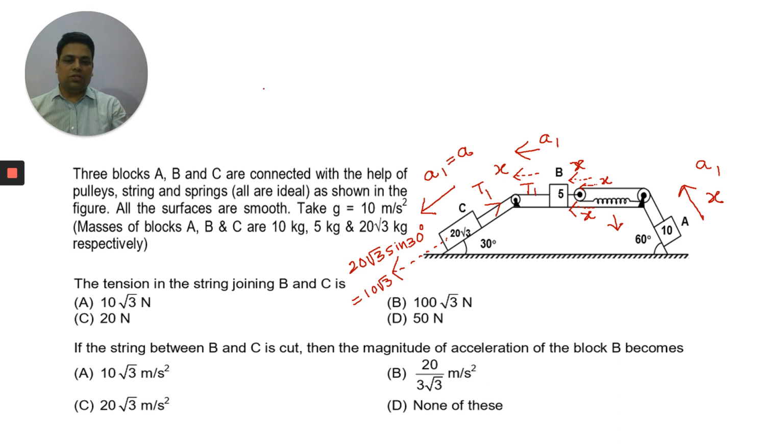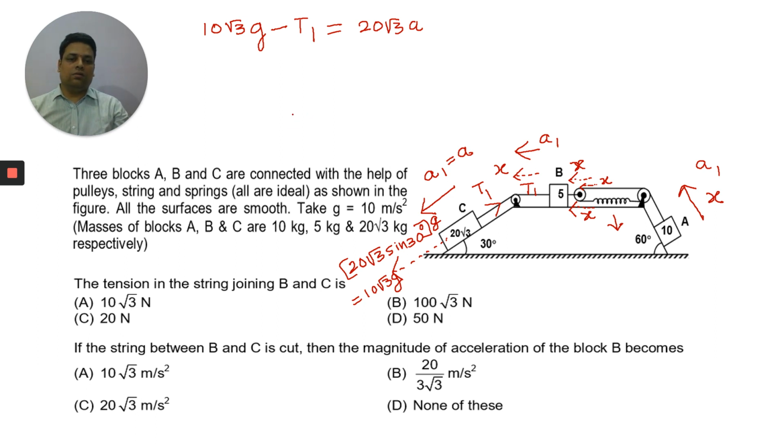If I put the equation for the 20 root 3 block down the incline, we can write 10 root 3 g, here I have to put a g as well, 10 root 3 g minus T1. That should become equal to the product of mass and acceleration.